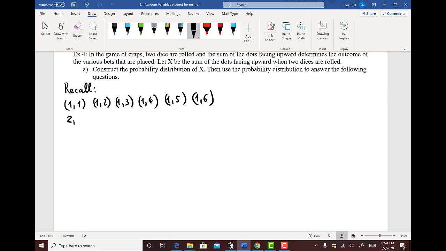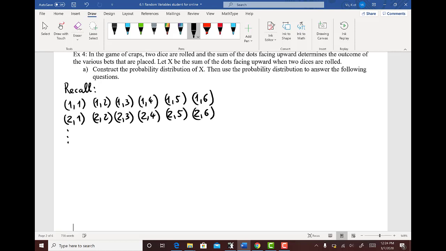Or you could have 2,1, or 2,2, or 2,3, 2,4, 2,5, 2,6. That's another 6 outcomes. But those are not all of them, right?